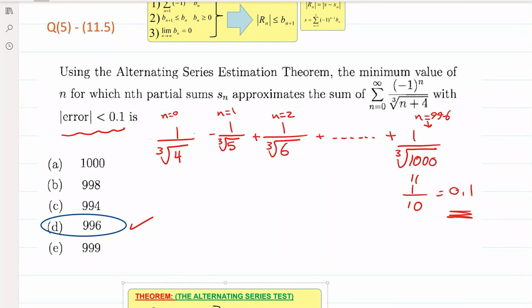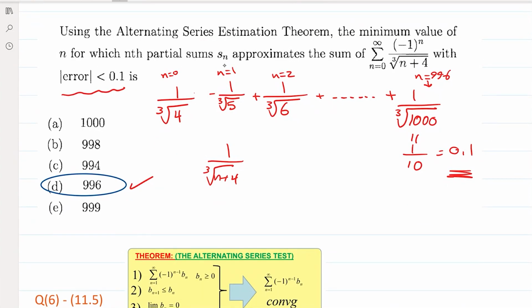But there is another way. You can take the term b sub n plus 1, which is 1 over the cube root of n plus 1 plus 4, instead of n, because you consider the term after the last term. You substituted n plus 1 instead of n, so it's n plus 5.